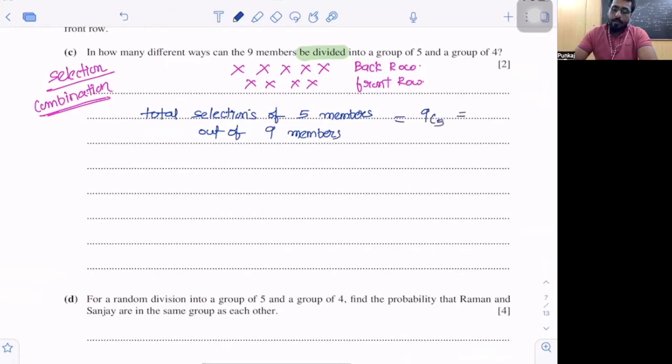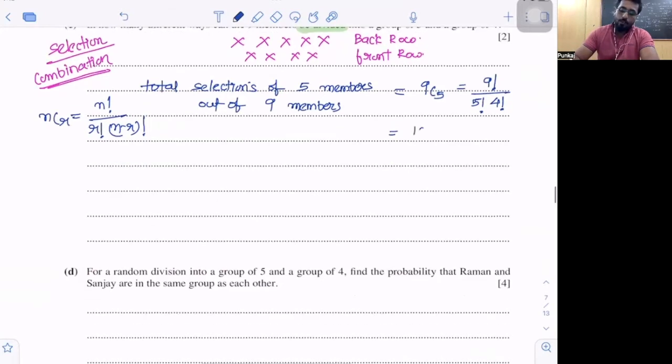So 9C5 should give you 9 factorial divided by 5 factorial, 9 minus 5, that is 4 factorial. I hope you all know the formula of nCr. That's n factorial divided by r factorial, n minus r factorial. So you should know the formula. Although you have this 9C5 that can be evaluated directly from the calculator. So write 9C5. So that gives you 126. So that was selection of 5 people out of 9 people.